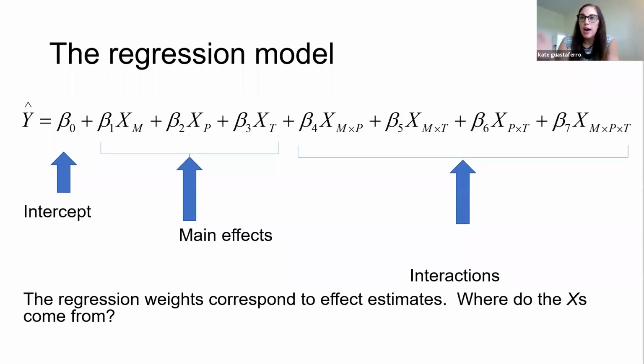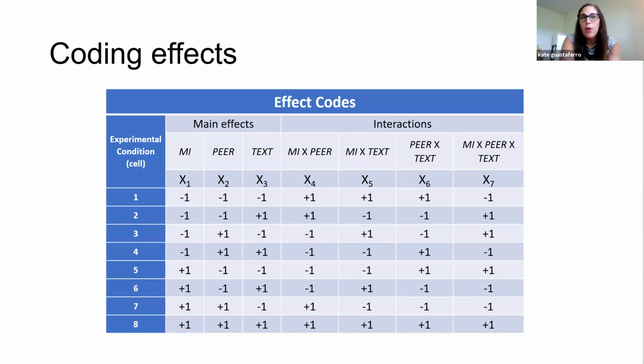Historically and traditionally, the data from a factorial optimization trial are analyzed using a factorial ANOVA, the regression model. Some people get curious where the x's come from in this equation. Well, we use effect coding to analyze these data, as you do in a factorial ANOVA.